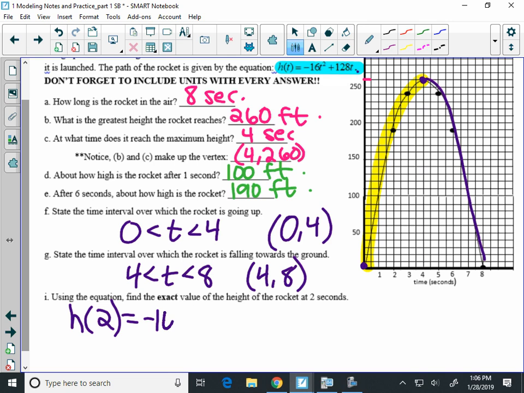So I'll have negative 16 times 2 squared. Yes, you can use your calculator unless you really want to do all those numbers in your head. You can, but I would use my calculator since I'm letting you know. So we type that in, we'll find the exact value here after 2. It looks like it's around 190, but we want to know exactly.